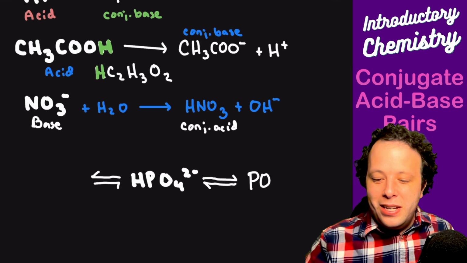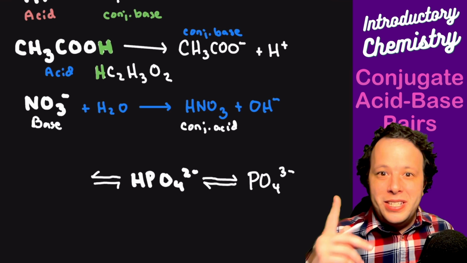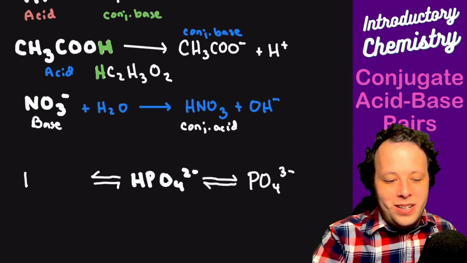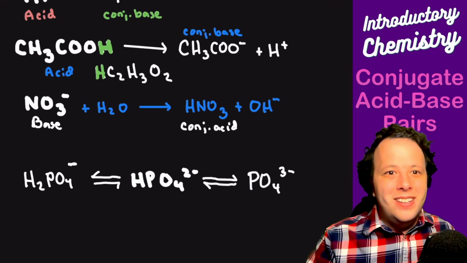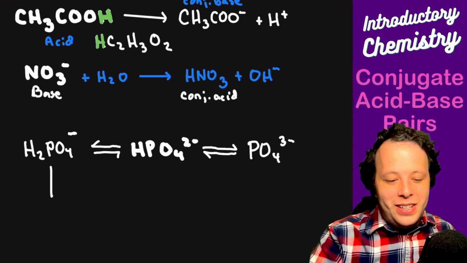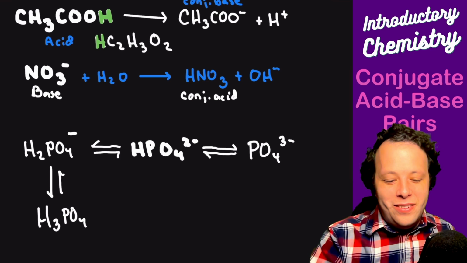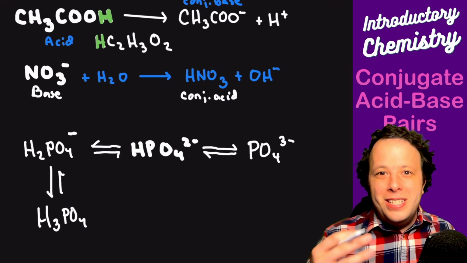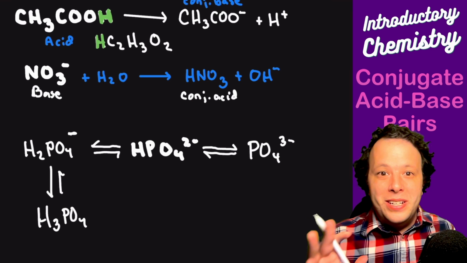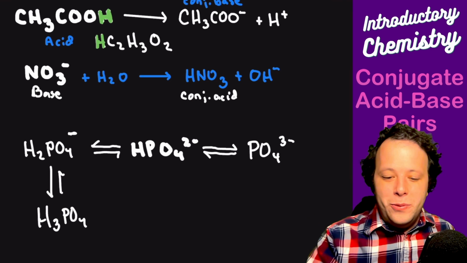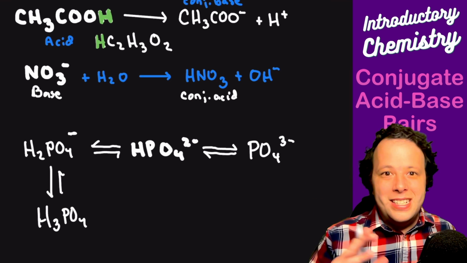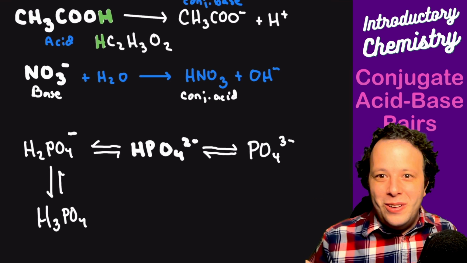So either we can make PO4 3 minus, which is the phosphate ion, or I can make H2PO4 minus to receive one more proton. And if you really want to think about it, this can even go another step where it can receive an extra one to make phosphoric acid. So it all depends on how many charges it has and how many protons are available. With this original question, depending on which direction you go, you could label it as the acid or base with all these different pieces.